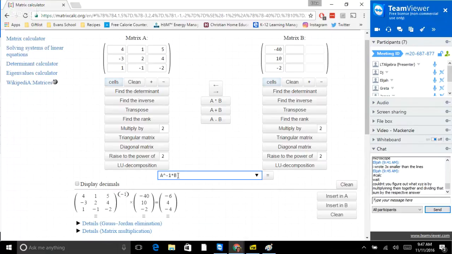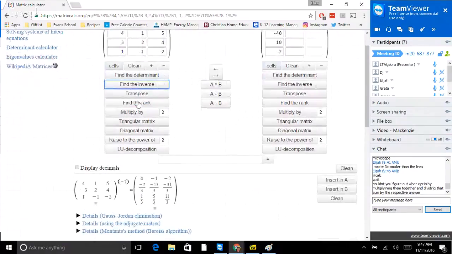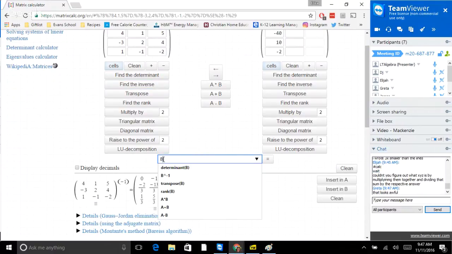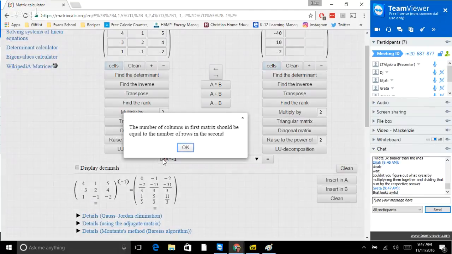I want to give you one note though. Do not try, well, if you do try it, you'll figure it out really fast. You can just find the inverse just by doing this. So it'll show you the inverse, right? But if you try to do instead B times the inverse of A, the calculator is going to tell you the number of columns in the first matrix should equal the number of rows in the second.